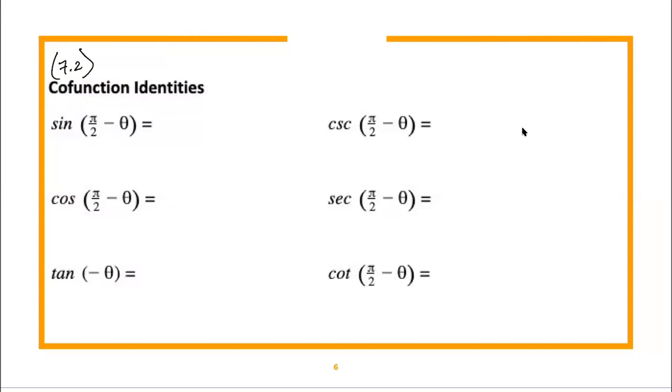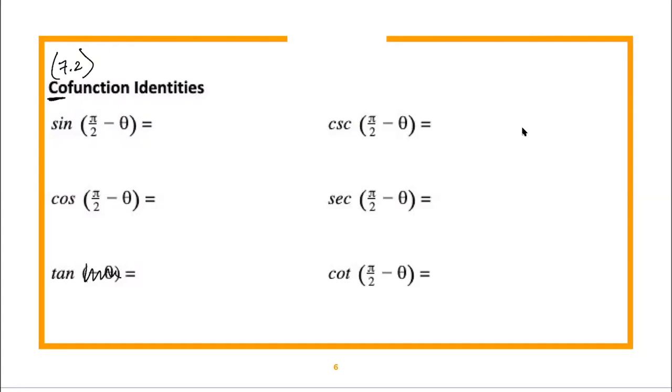So for example, sine and cosine are co-functions, all right? Secant and cosecant are co-functions. Tangent and cotangent are co-functions.